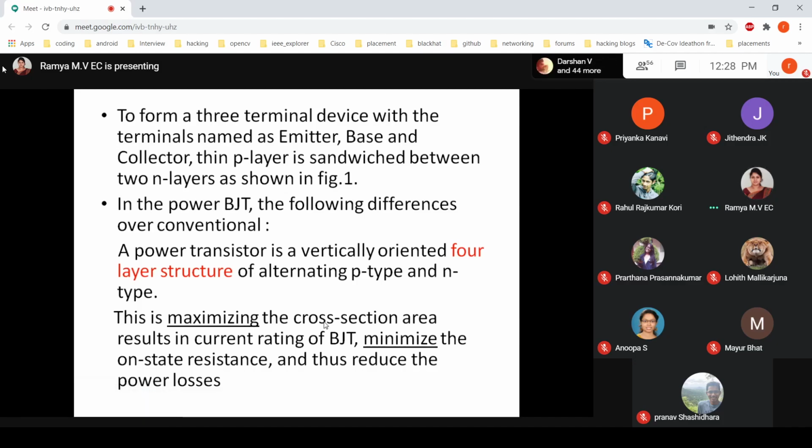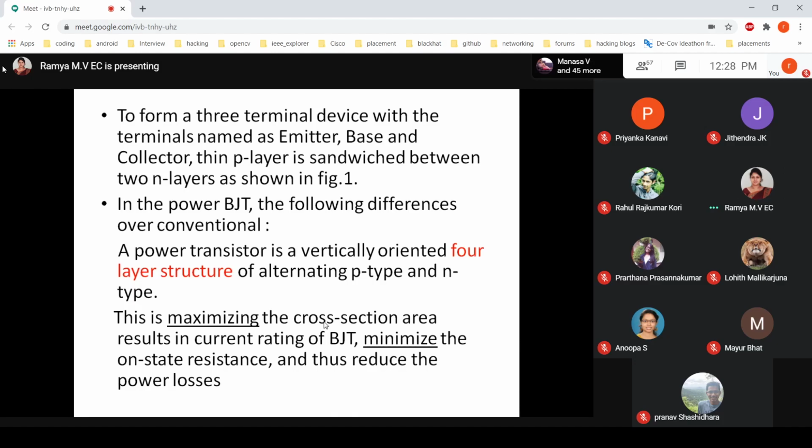You can observe that the terminal representation and the working are the same, but the doping structure is different, due to which it can handle more power. What we want in power devices is that they should handle more power, and that happens with the help of variation in the doping structure.